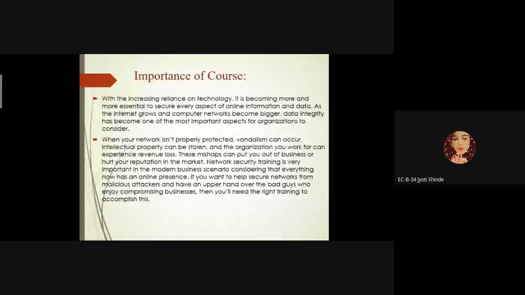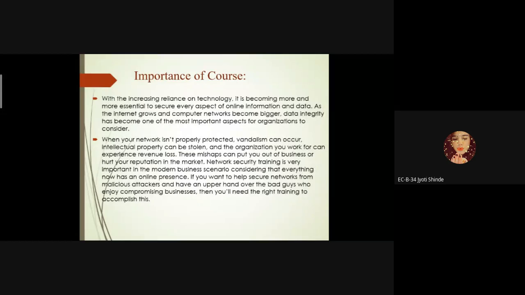How it can be secured, what the various algorithms and steps are, we have to study in this subject, to protect our devices and data from various attacks.